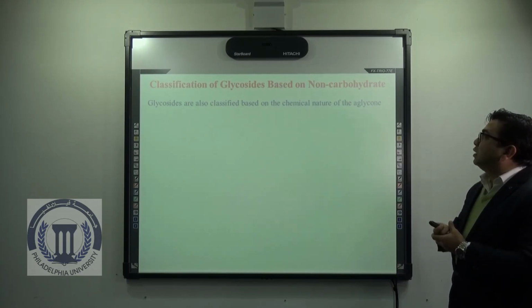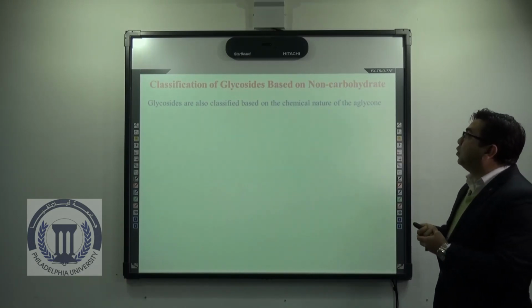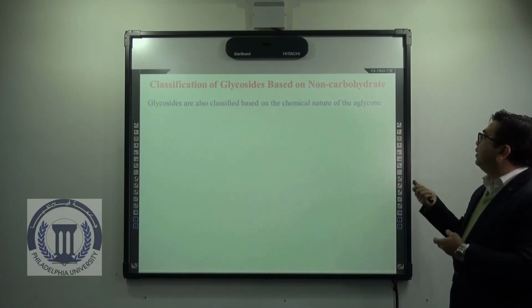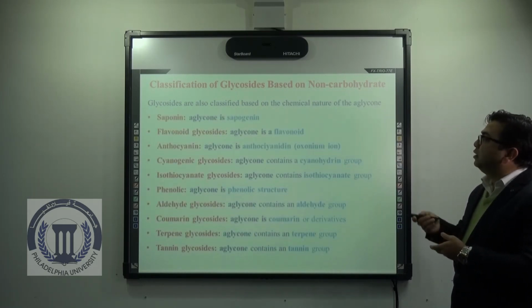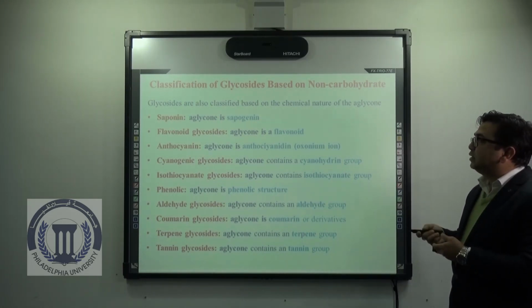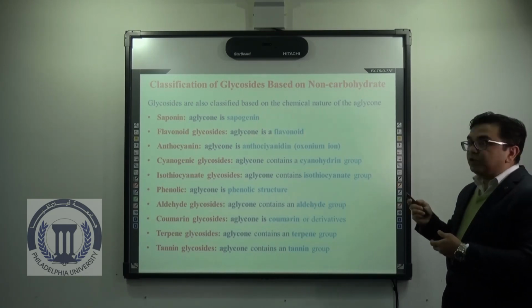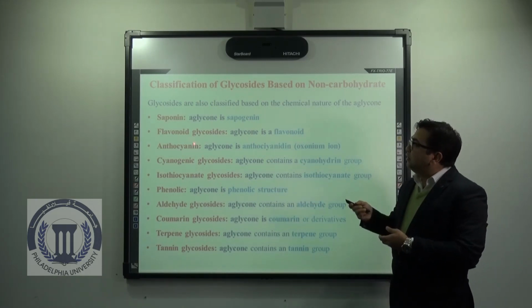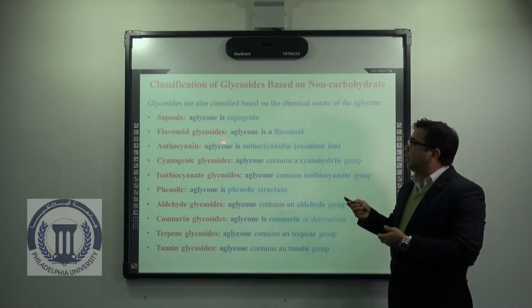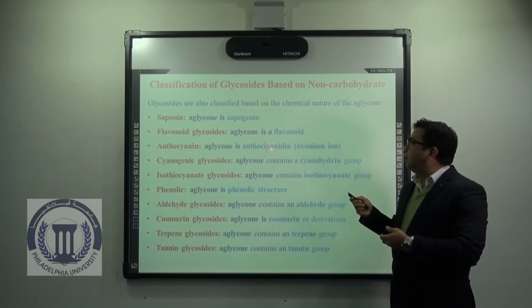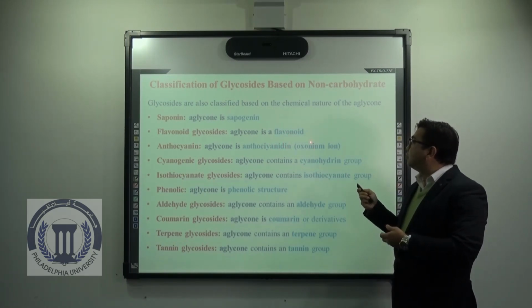Now coming to the classification of glycoside based on non-carbohydrate moiety. Glycosides are also classified based on the chemical nature of aglycon, and these are saponin, where the aglycon is sapogenin in nature, and flavonoid glycoside, where the aglycon has the flavonoid structure, and anthocyanins, where the aglycon part is anthocyanidin in nature, which is again a type of flavonoid, but it has an oxonium ion.